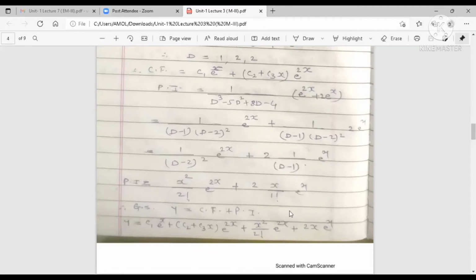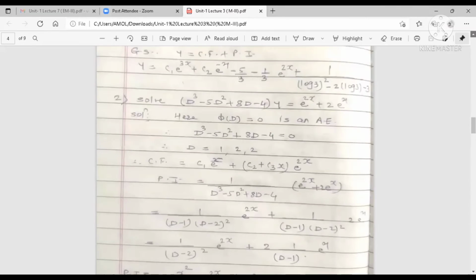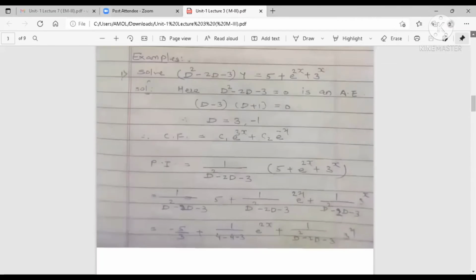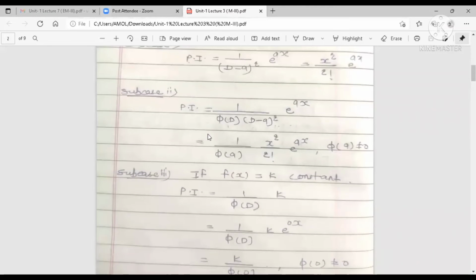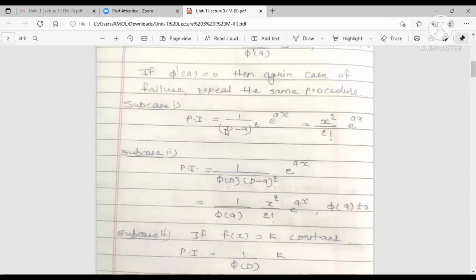So for both the terms, we are using the same formula. We are using this formula: 1 upon (D minus a) to the power r into e raised to ax is equal to x raised to r upon r factorial into e to the power ax.